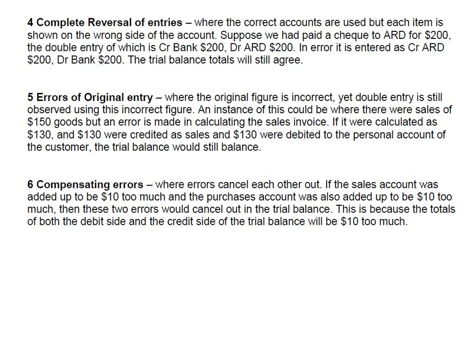And last but not the least, we have the error of compensation. Error of compensation, my dear students, is said to occur when two errors cancel out each other, when two entries compensate each other. In one error, we overstated purchase by 500, for example, and on some other occasion we overstated sales by 500.